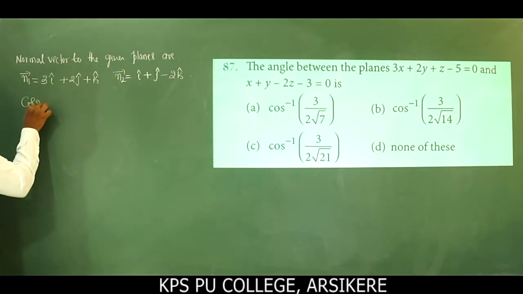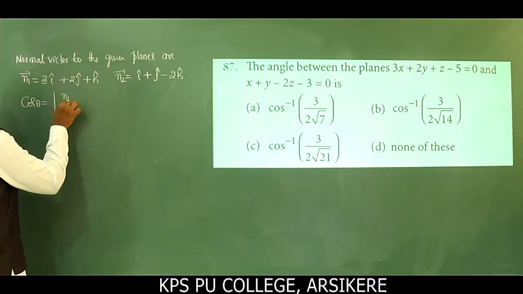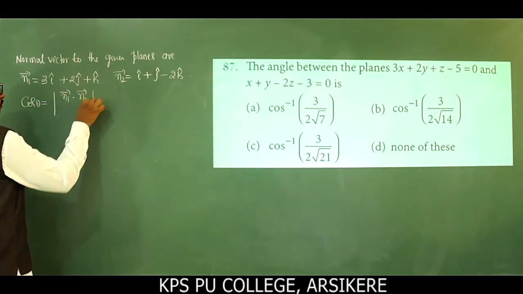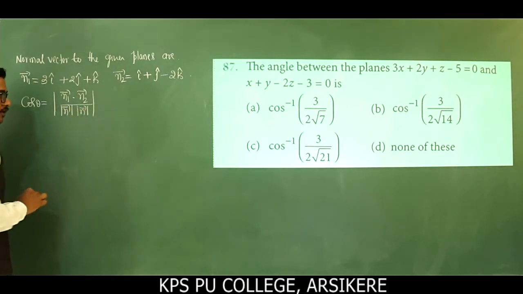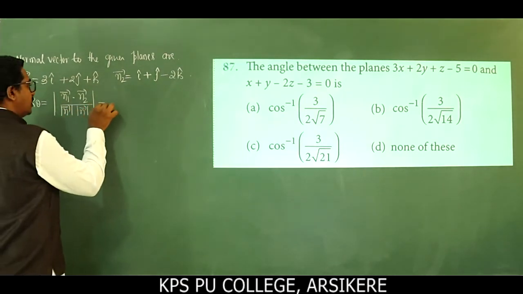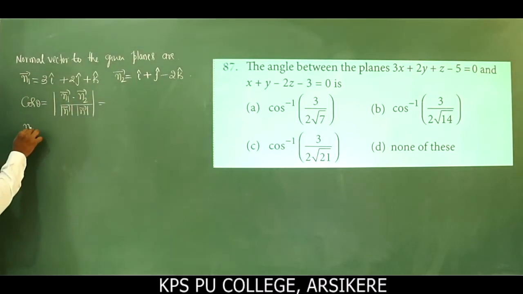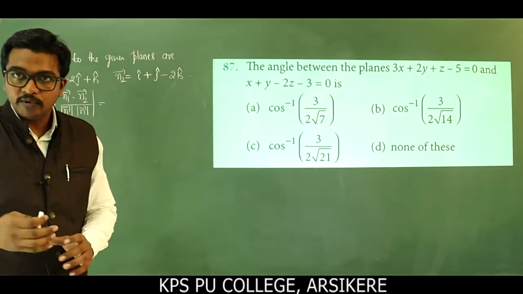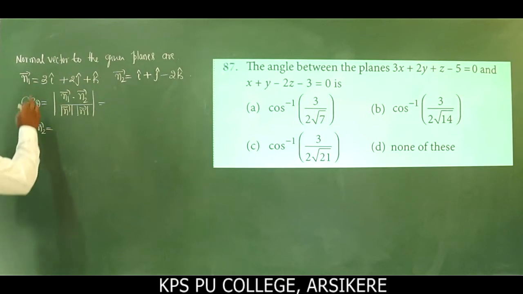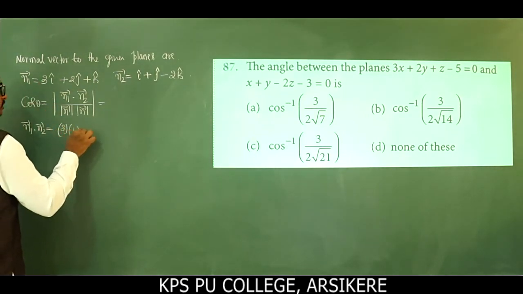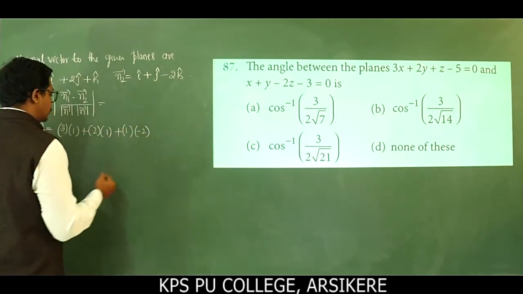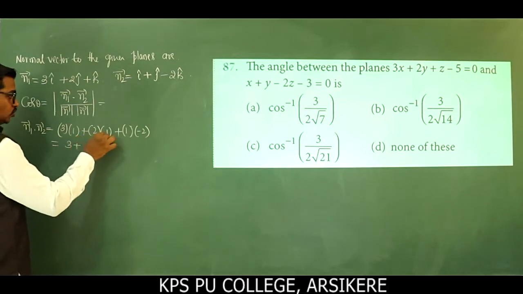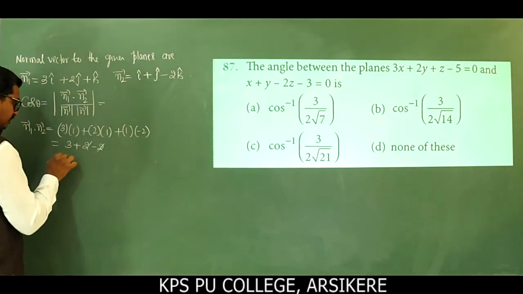Therefore cos theta is equal to modulus of vector n1 dot vector n2 divided by magnitude of n1 into magnitude of n2. Just find the dot product of these two vectors, component to component: i to i, j to j and k to k. That is 3 into 1, plus 2 into 1, plus 1 into minus 2. So 3 plus 2 minus 2, the 2s cancel, and we are left with 3.